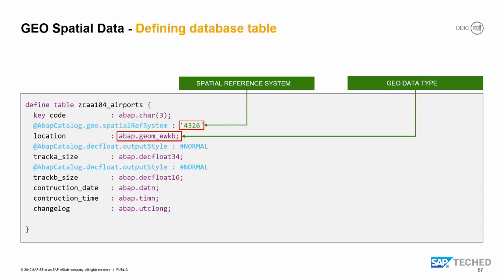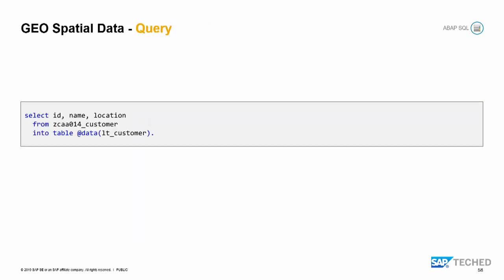And with that, we need to say which spatial reference system we are using. By default, we are using 4326. That's a global convention, and that represents the same system that mostly all GPSs use. So we are saying that this field is linked with this kind of coordinate system. That's good. So now it's part of our data dictionary.